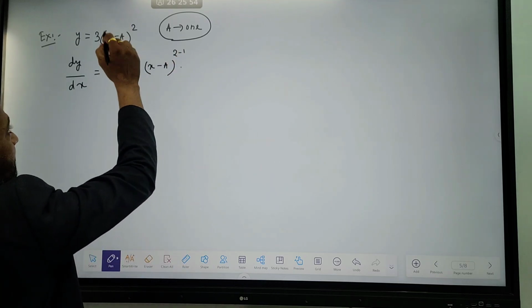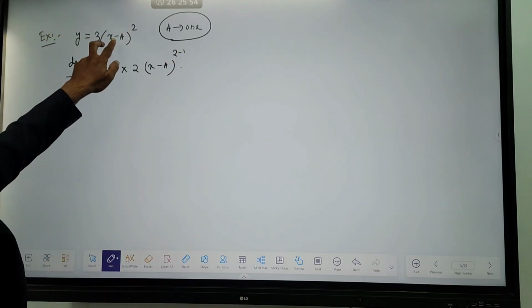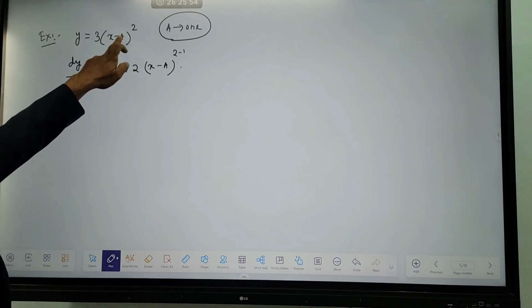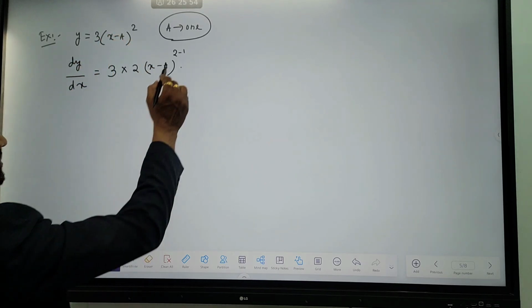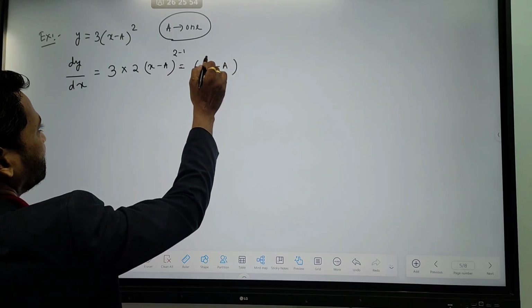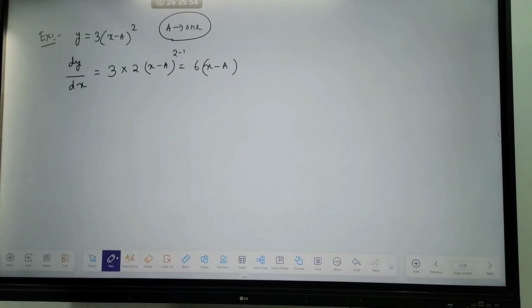Understood? Then again we'll differentiate x minus a. a is a constant, so its differentiation is 0, and the differentiation of x is 1, so you'll be getting only 6 into x minus a. Understood? 6 into x minus a.